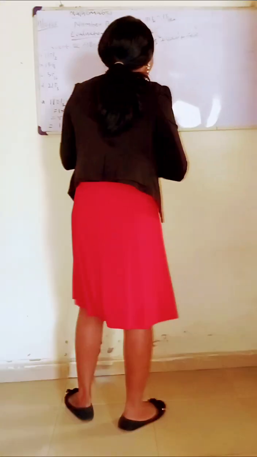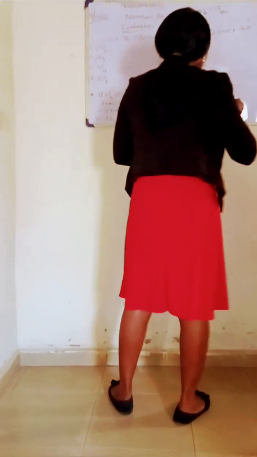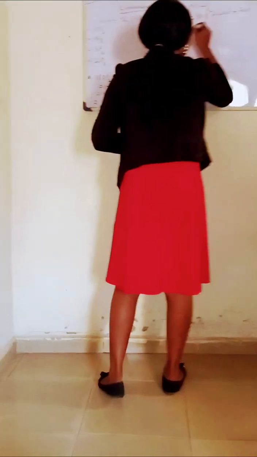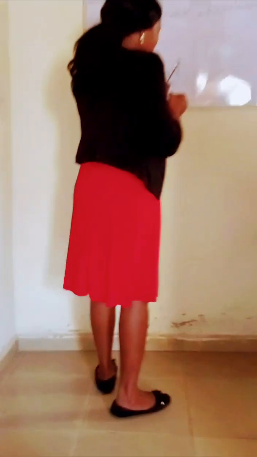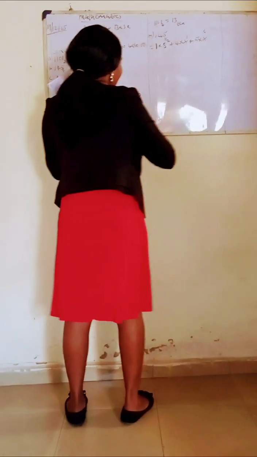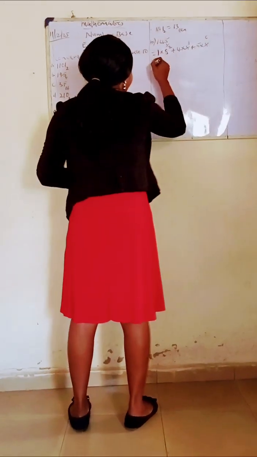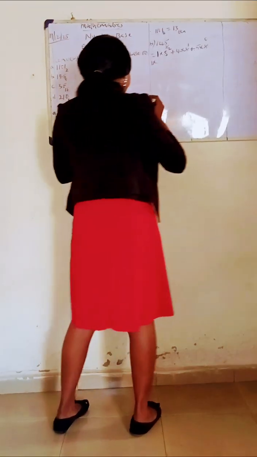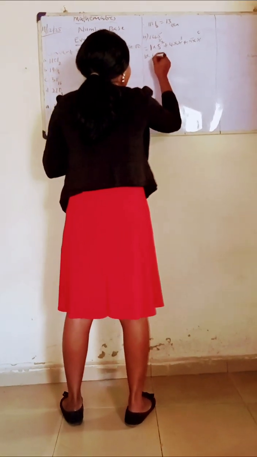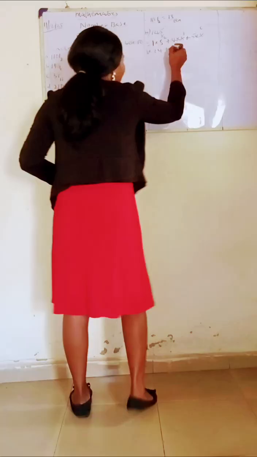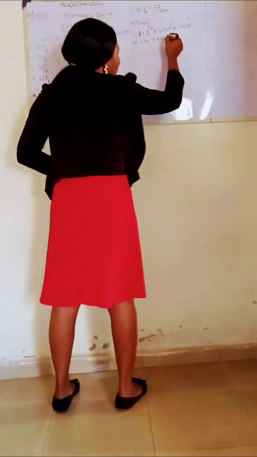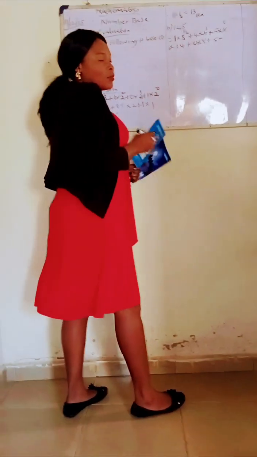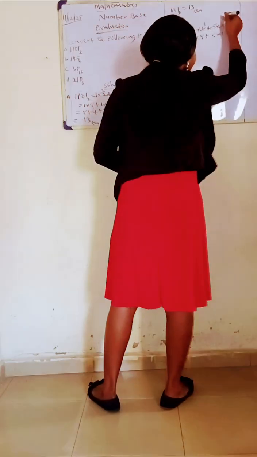So now we are going to solve: 1 times 8 times 8, which is 8 raised to power 2, will give us 64. Plus 4 times 8 raised to power 1 will give us 8. Plus 5 times anything raised to power 0 will give us 1.